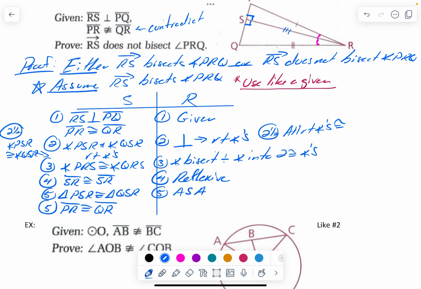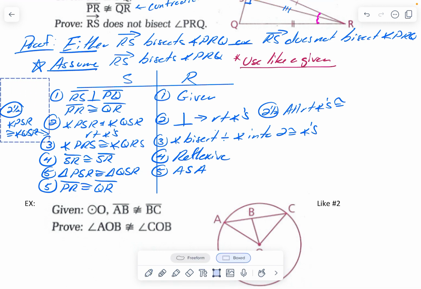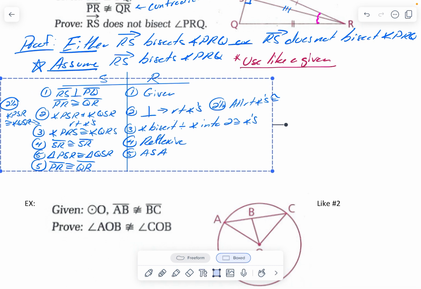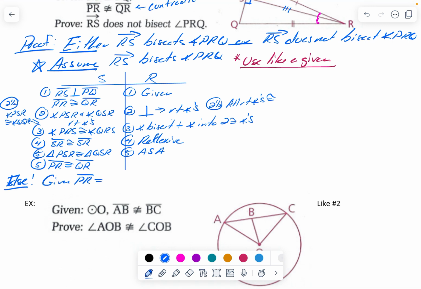But we have a problem, right? We have a problem. I need to reduce all of this. So I'm going to try to... There we go. Perfect. And so now we say false. We were given PR not congruent to QR.